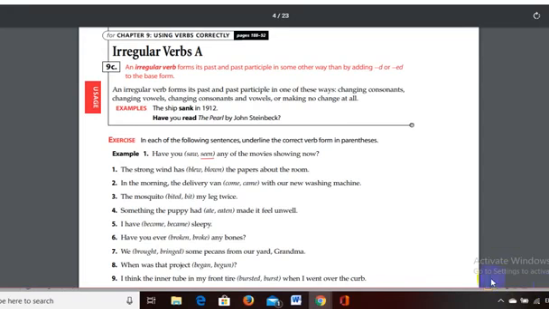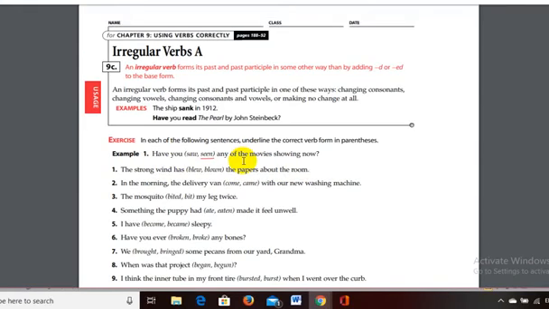So we have number 1, the strong wind has blew or blown the papers about the room. The base verb is obviously blow, and we're not going to add an ed, so either blew or blown, but we have has here, so we're going to choose which one?